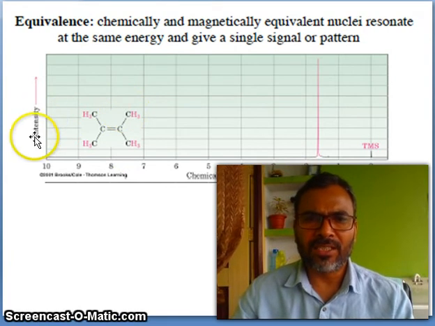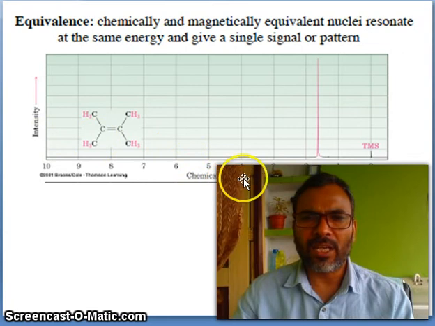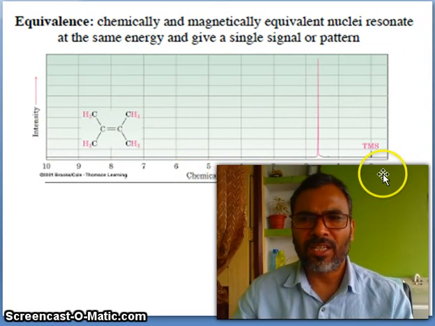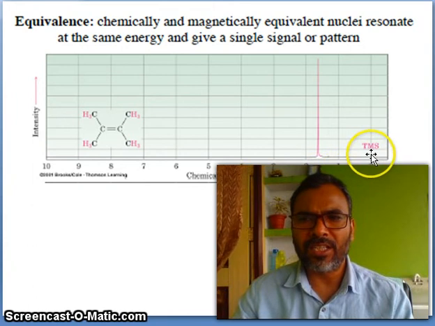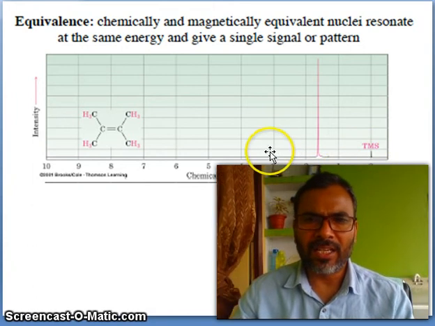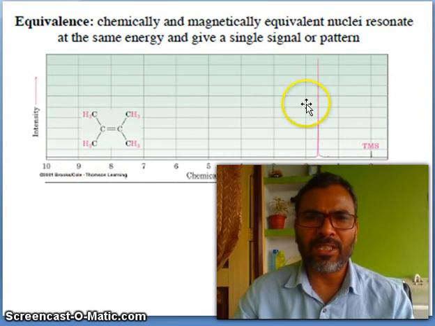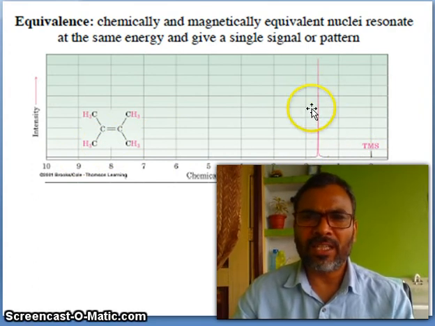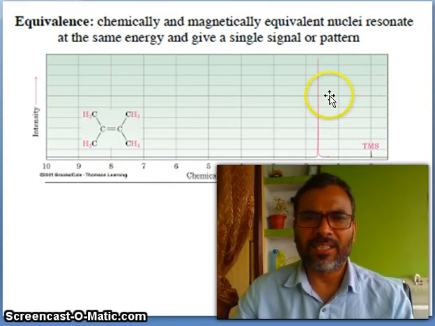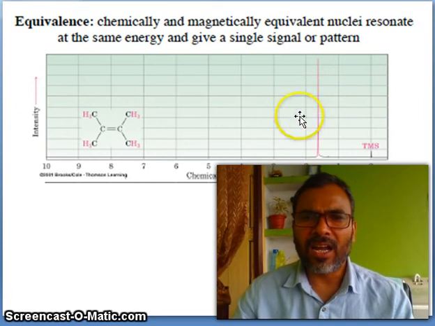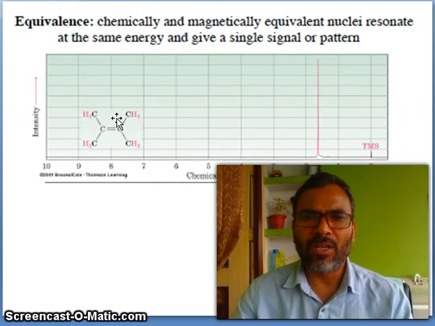Your y-axis is intensity and your x-axis is chemical shift. We call it delta, and this is your standard TMS, tetramethylsilane, and there is no peak except this one. So what is it indicating? It indicates the protons present in this molecule are all of the same type and in the same environment.